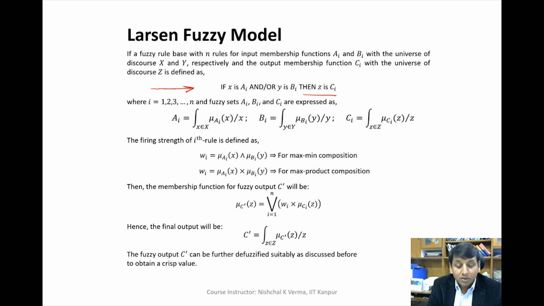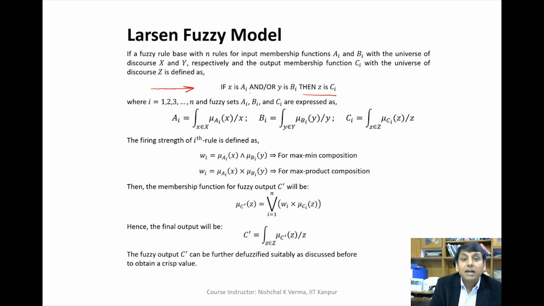So here also, for the Larsen fuzzy model, the set of fuzzy rules that will be applicable will have the antecedent part fuzzy and the consequent part fuzzy. So both Mamdani and Larsen have the same kind of fuzzy rules applicable.